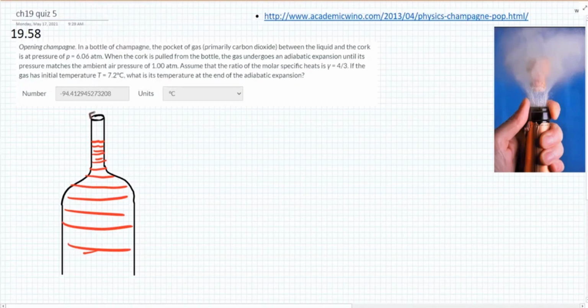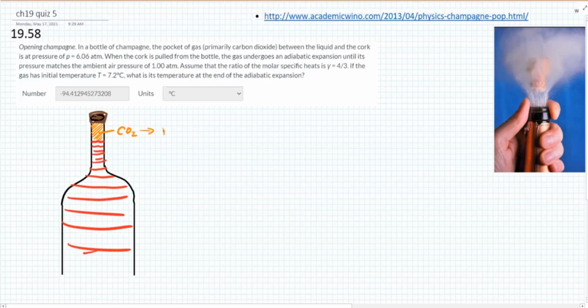So it's just sitting there corked like that. And then between the cork and the champagne itself is our working substance right here. There's this little pocket of gas that's trapped between the liquid and the cover, which is the cork. And this is CO2 gas.